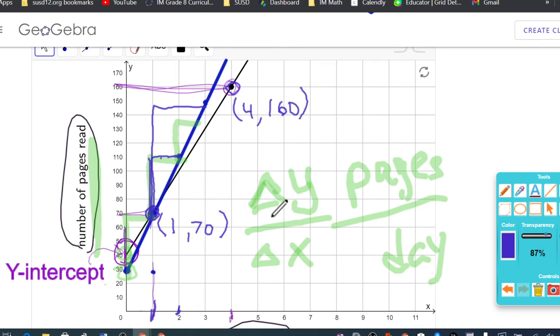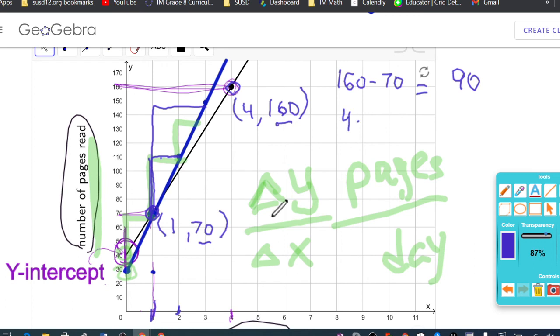Look at the change in y. The change in y is 160 minus 70, because we went from 70 pages to 160 pages. So the vertical change is equal to 160 minus 70, and that is 90 pages. And then the change in x is from x equals 1 to x equals 4.